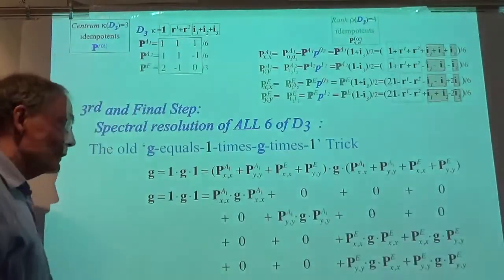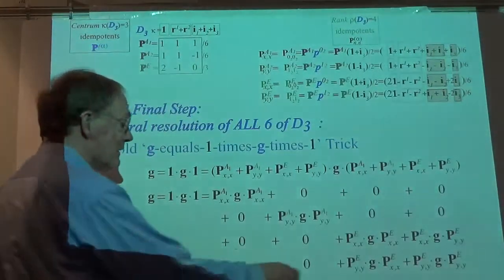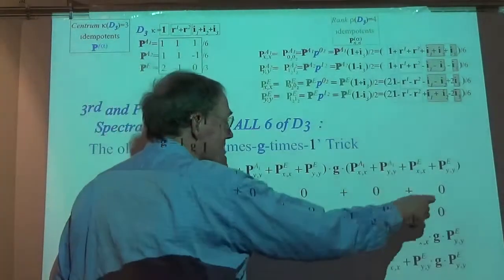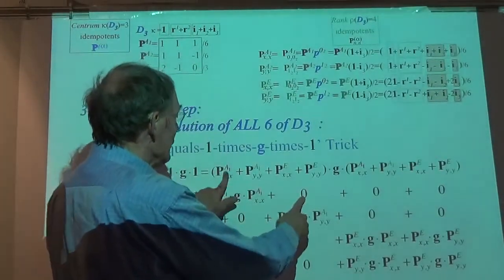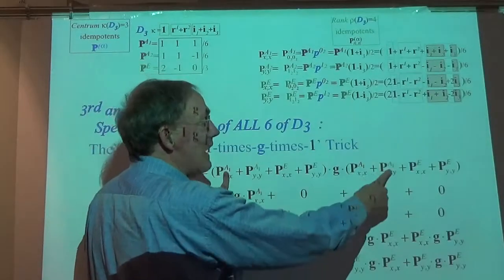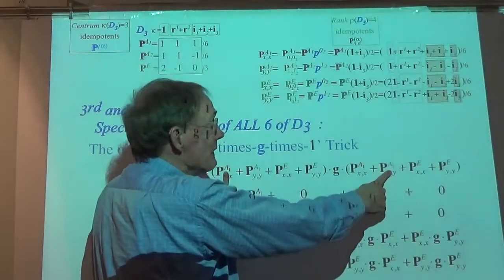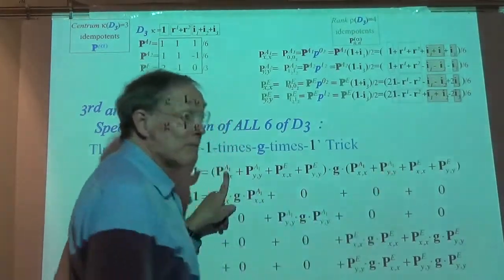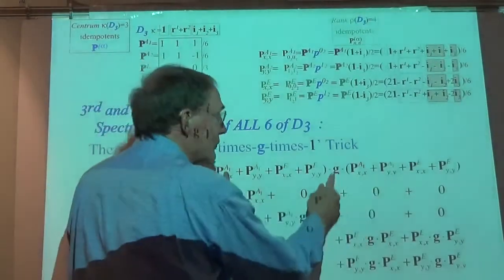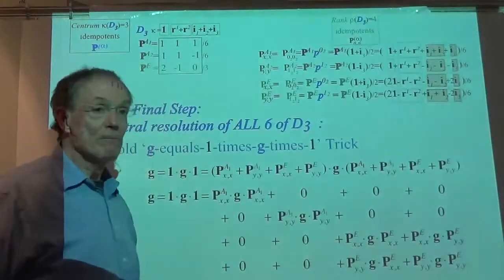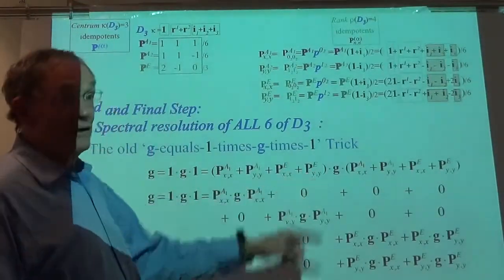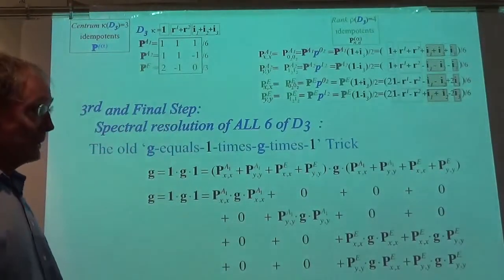Well, no, you're not going to have 16. Lots of zeros. Why are they 0? For example, why didn't I get something when this thing went through the G to hit that one? Well, that one's all commuting. So it'll commute right through the G and hit this one and 0 it. These are all orthogonal. Guaranteed.